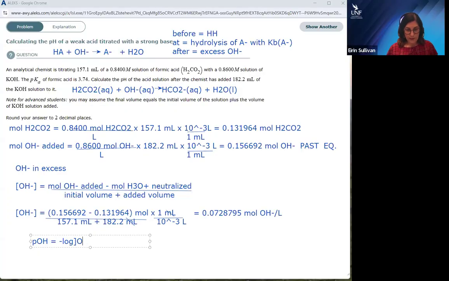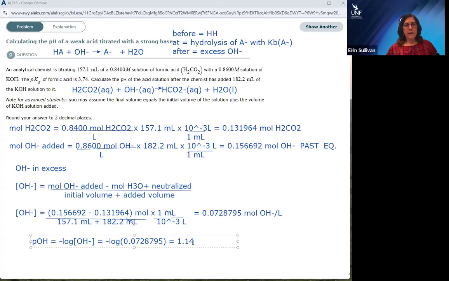It just makes the math a little bit easier. But do be careful here, because when I do this, I'm going to get a number that sounds suspiciously like pH, but it isn't, right? So minus log of 0.0728695 gives me a pOH value of 1.14. Suspiciously sounds like a pH, but it's not.